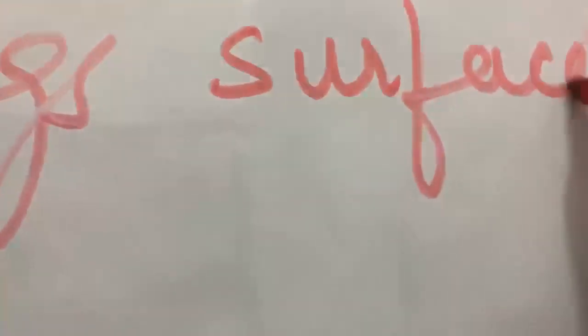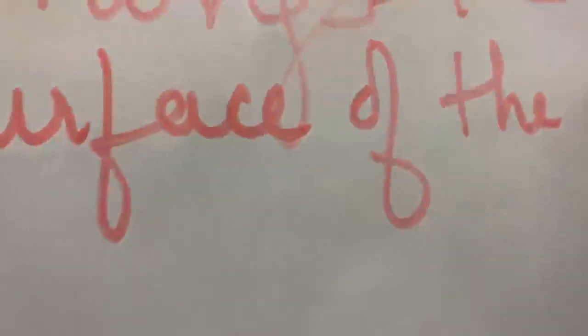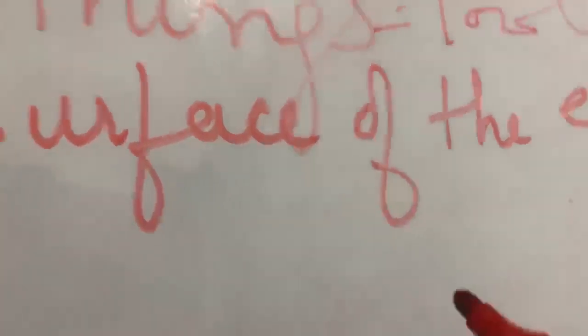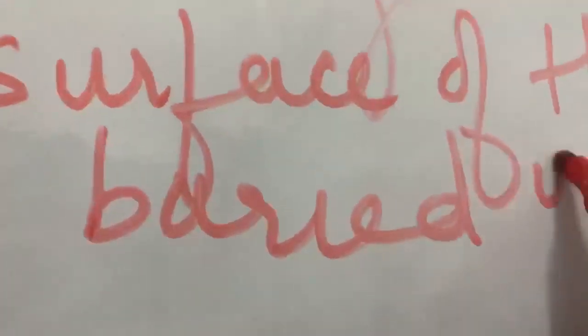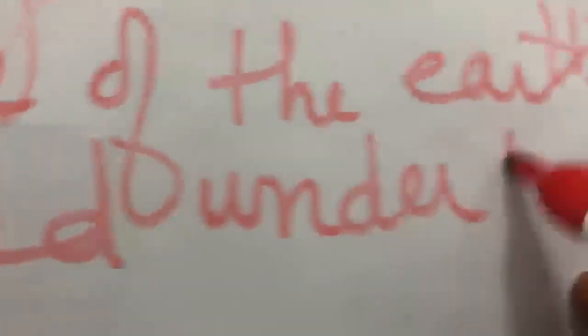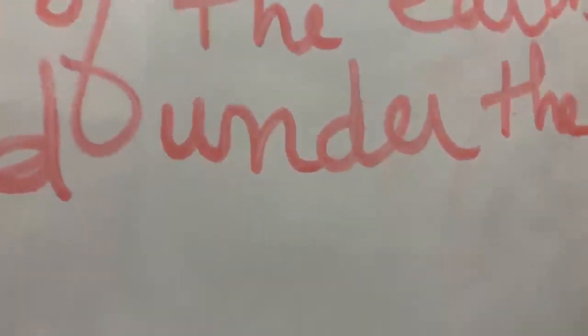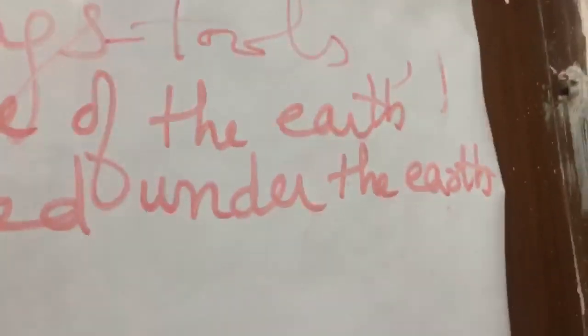It can be tools, it can be pots, it can be buildings, but of course in the Paleolithic period buildings were not there. They may be found on the surface of the earth or they can be buried under the earth. Both cases: it can be on the earth, it can be inside the earth.